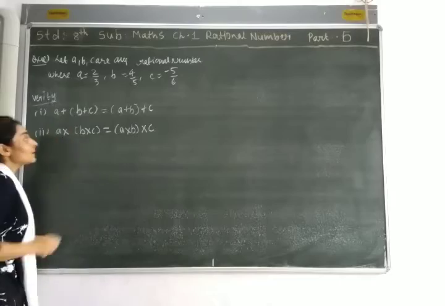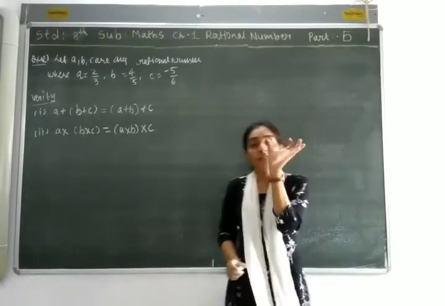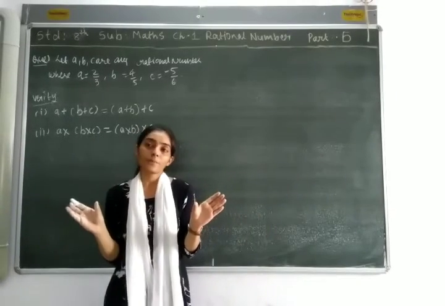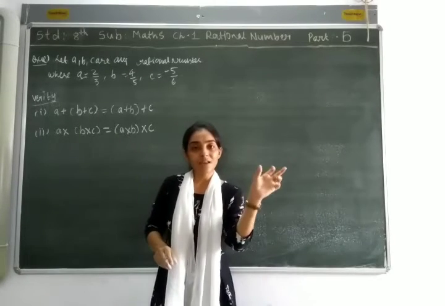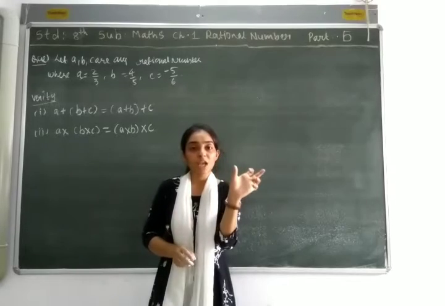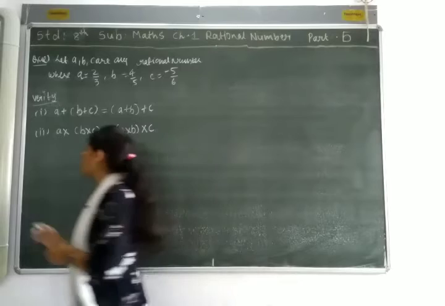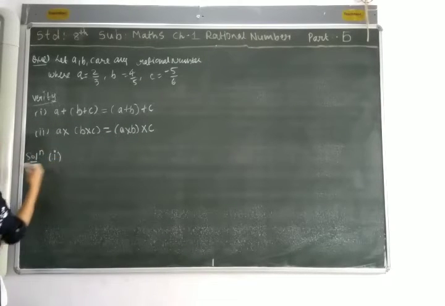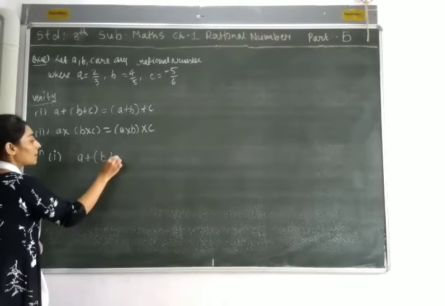Look at the word verify. Verify means we have to check whether my left hand side is equal to the right hand side or not. Here we can use check or verify; the meanings are the same. So the solution for the first one.